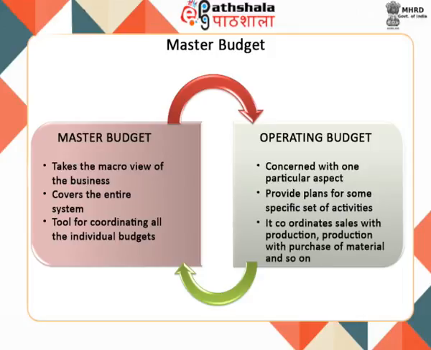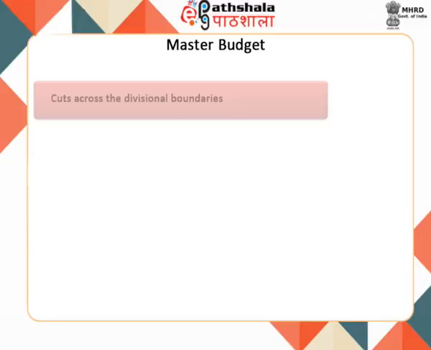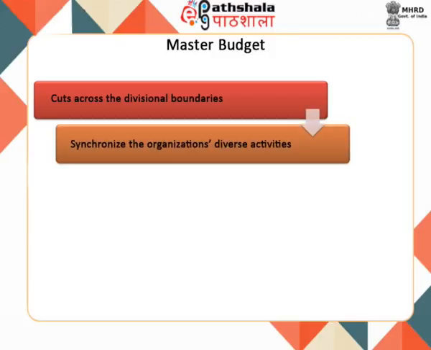It coordinates sales with production, production with purchase of materials and labor, and so on. This way, it cuts across the divisional boundaries in order to coordinate and synchronize the organization's diverse activities.